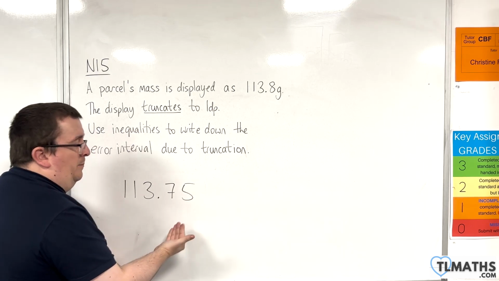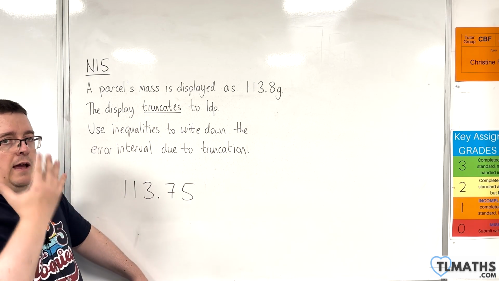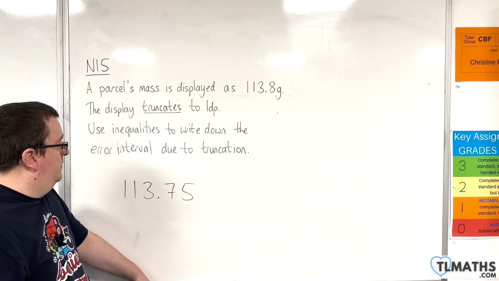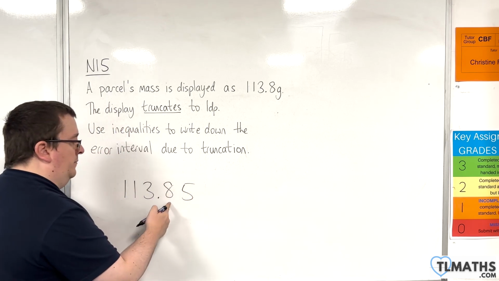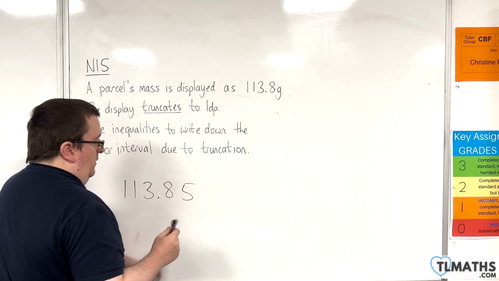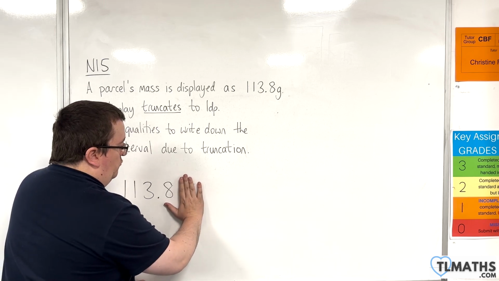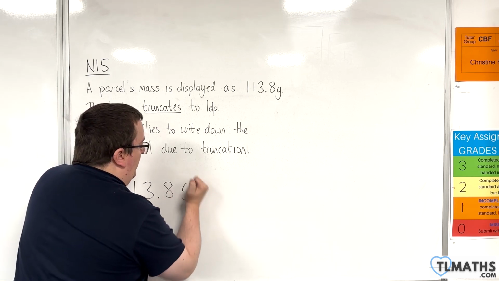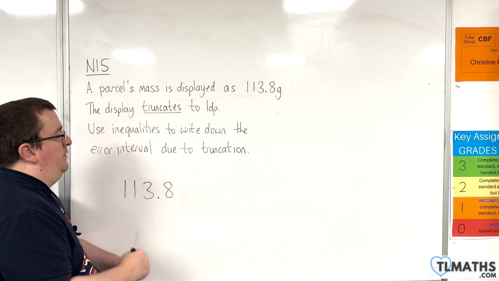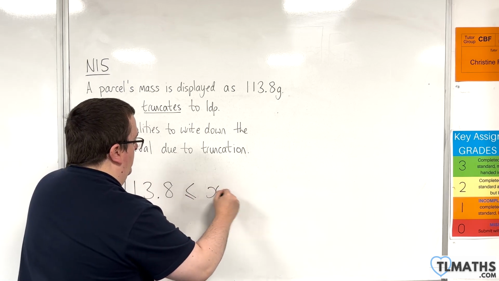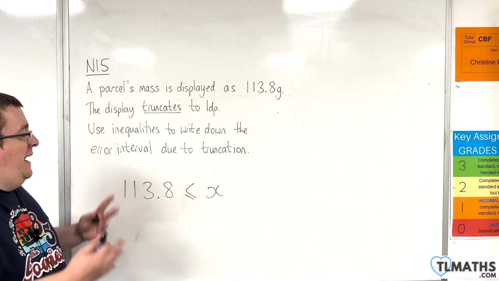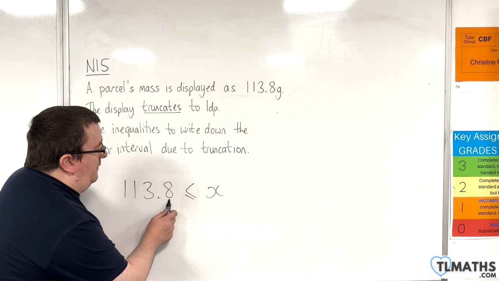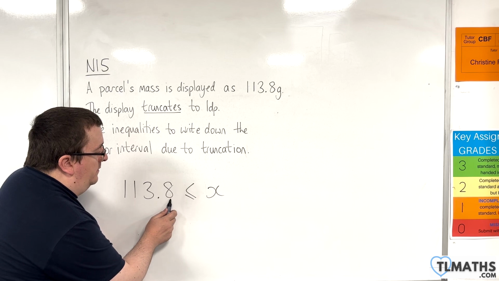So this can't be the least value of the parcel's weight. So we have to have an 8 here in order for us to truncate and remove everything to the right. So the lowest value, or the least value that it could be, is 113.8 or 113.80, because anything less would have a smaller value here.